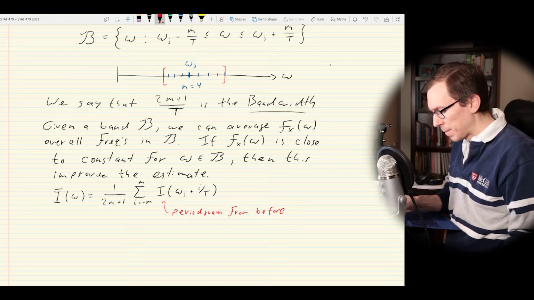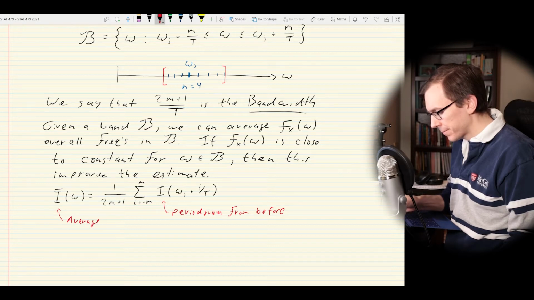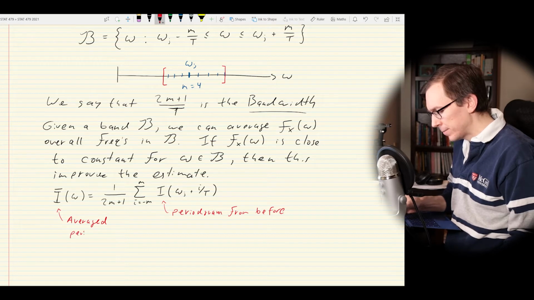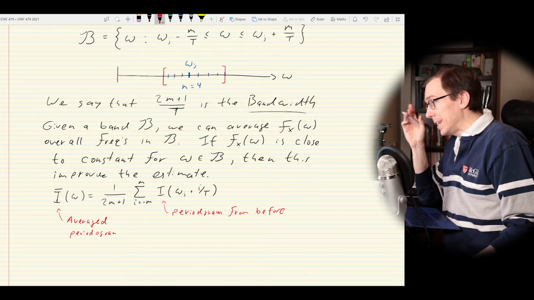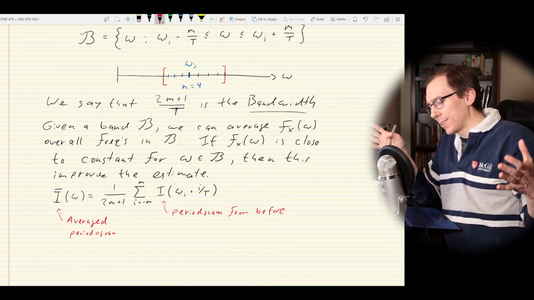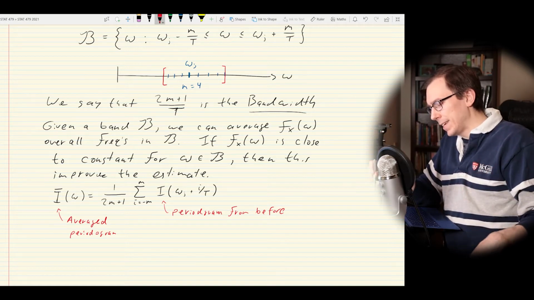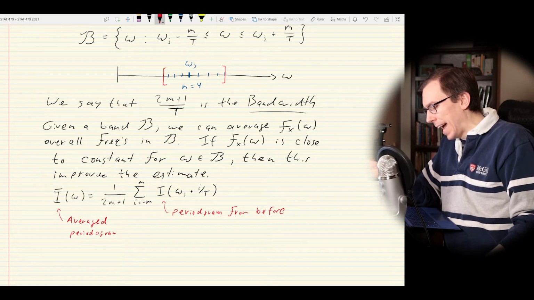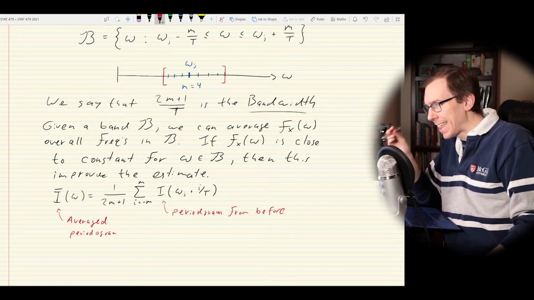And over here, we have the averaged periodogram. So what it means is that we're taking all of the frequencies that lie within that band B, and we're giving them the same value, which is the average of all the periodogram values inside that band.